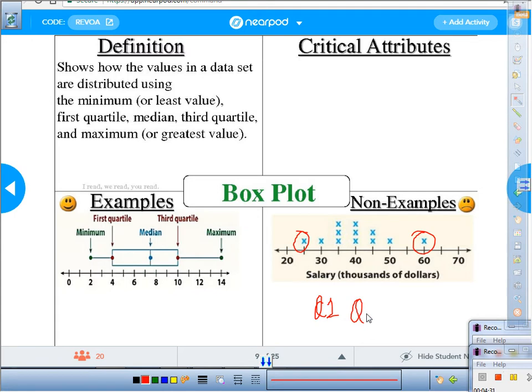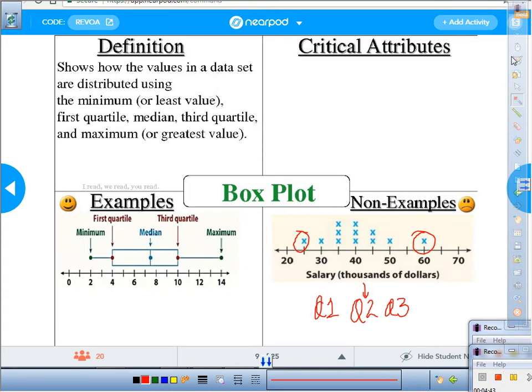And the second quartile. What else are we missing? Mia? Yeah, the median is Q2. Q3. And what did we need to create our box? Q1, Q2, and Q3. That's what made the box over here. Since we don't have it here, therefore we don't have a box.